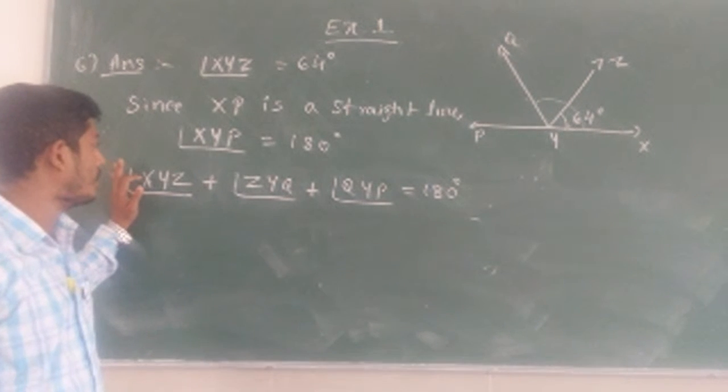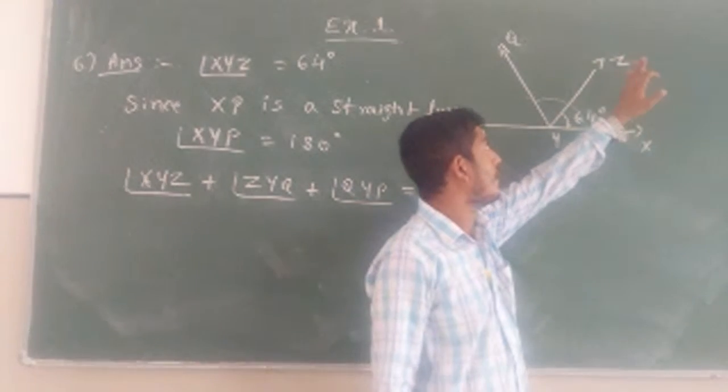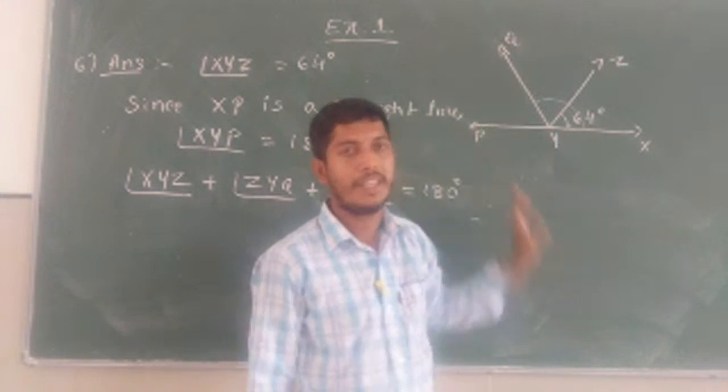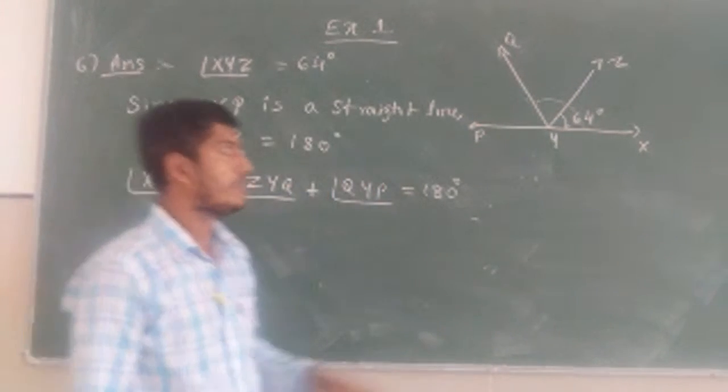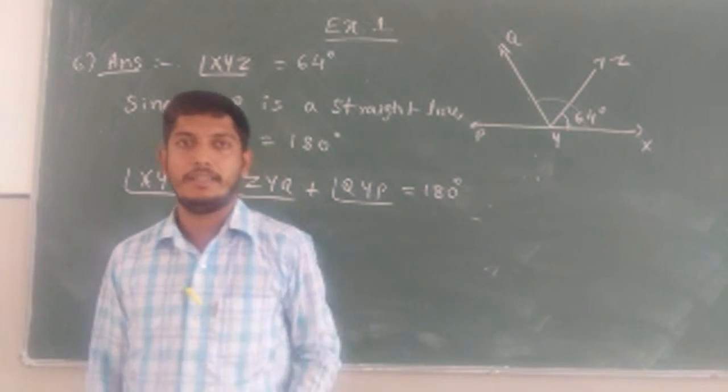Say the letters carefully. Angle XYZ plus angle ZYQ plus angle QYP equals 180, because line XP is a straight line.